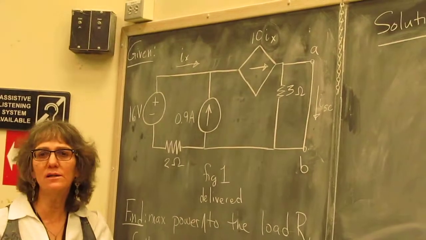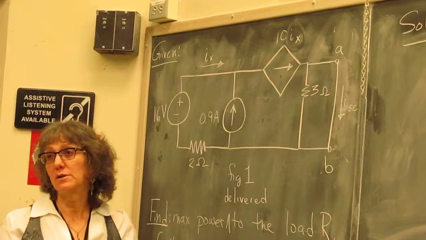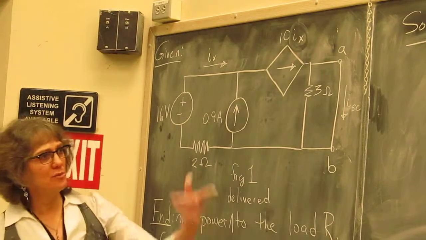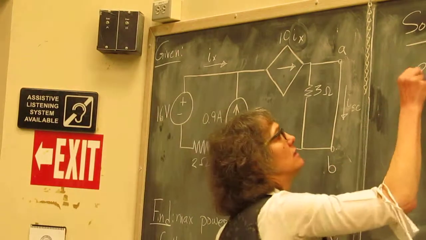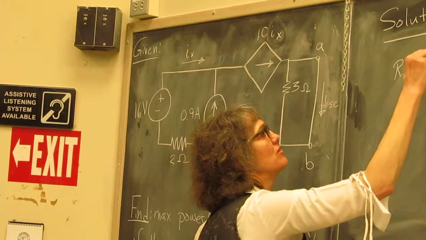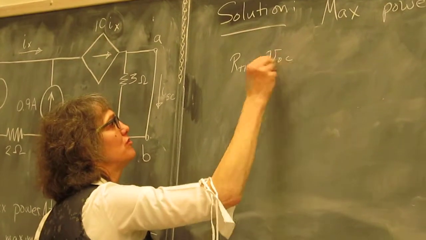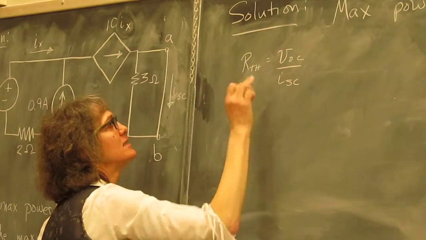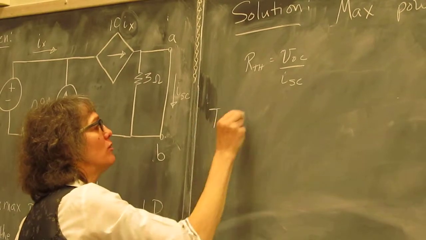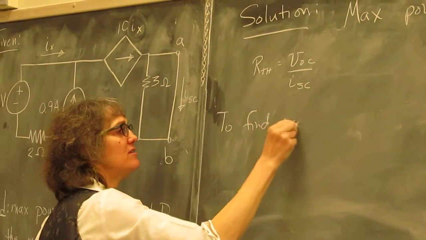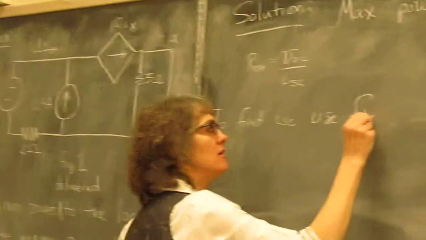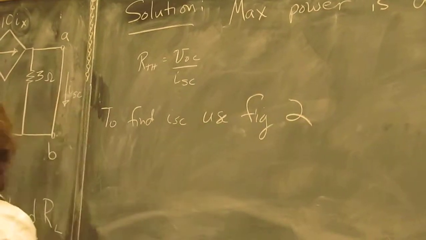Once I find that, then I'm done, because then I've got RTH, which I erased, but, well, put it back. RTH is just VOC, which we just found, over ISC, which is now what we're looking for. So to find ISC, use figure 2.